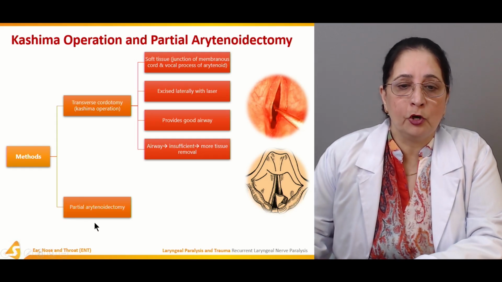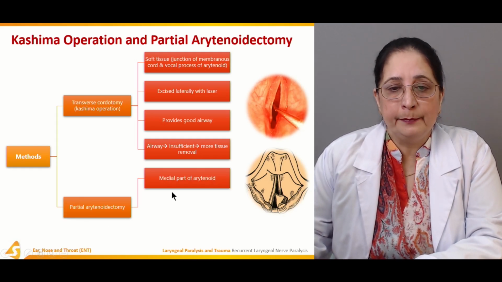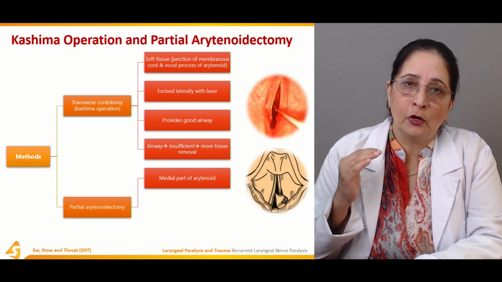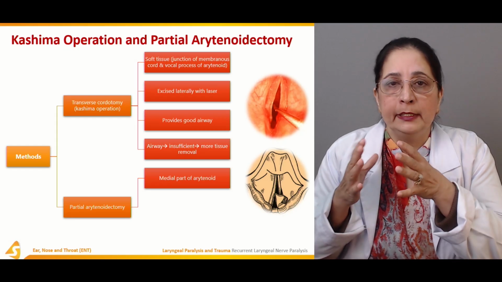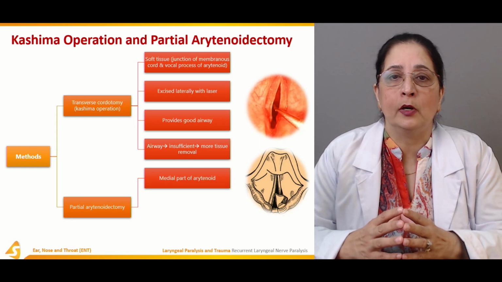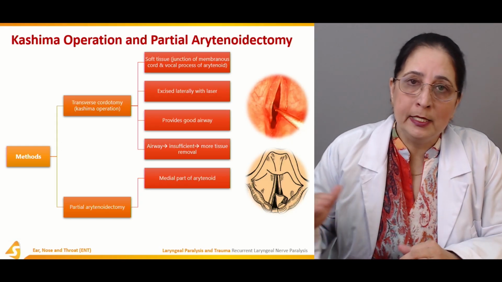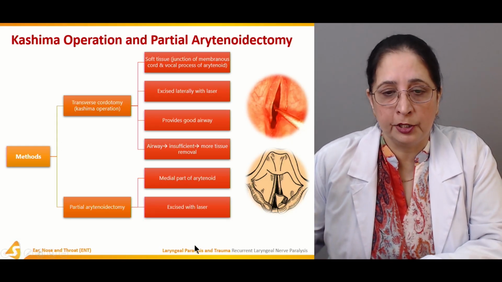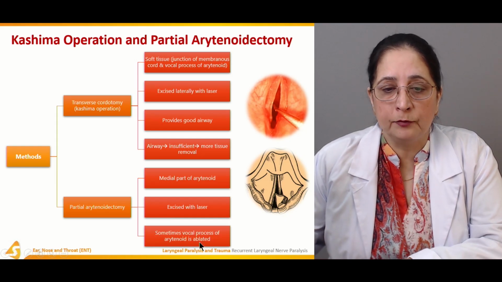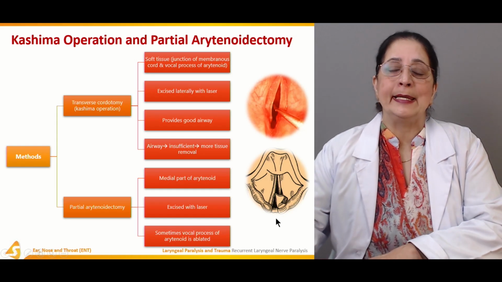Partial arytenoidectomy is removal of the medial part of the arytenoid. It's partial, so the total arytenoid is not removed. Only the medial part of the arytenoid is excised with laser. Sometimes the vocal process of the arytenoid is ablated.